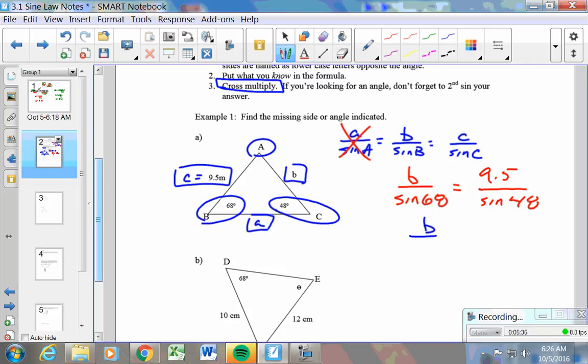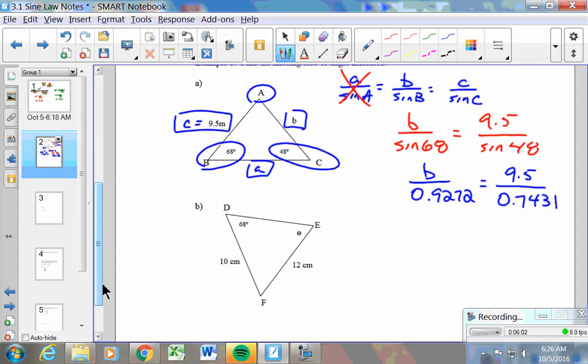So I have b, and sine of 68 is 0.9272. That's the ratio for sine of 68. 9.5 is already a number, so leave it at 9.5. And then sine of 48, let's change this to a number as well: 0.7431.